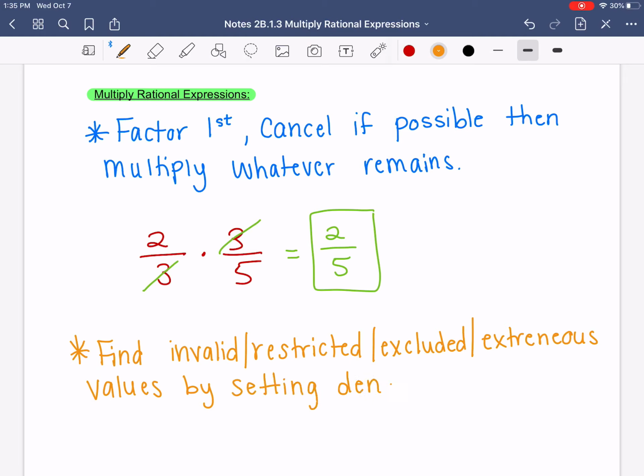Well, there's going to be 2 denominators. So whatever would make 0 in the denominators, those values are invalid. They're restricted, they're excluded, they're extraneous.